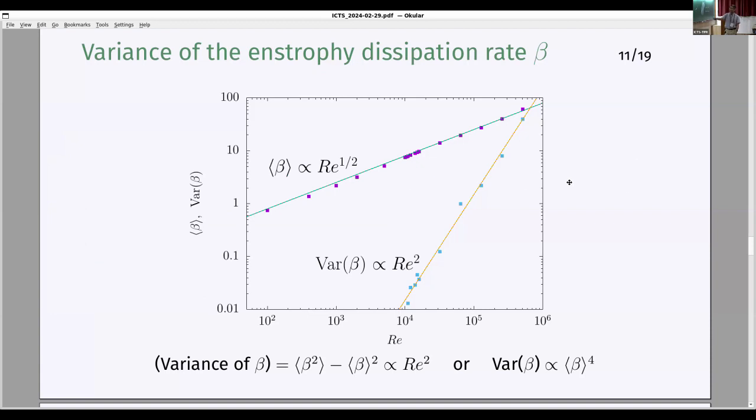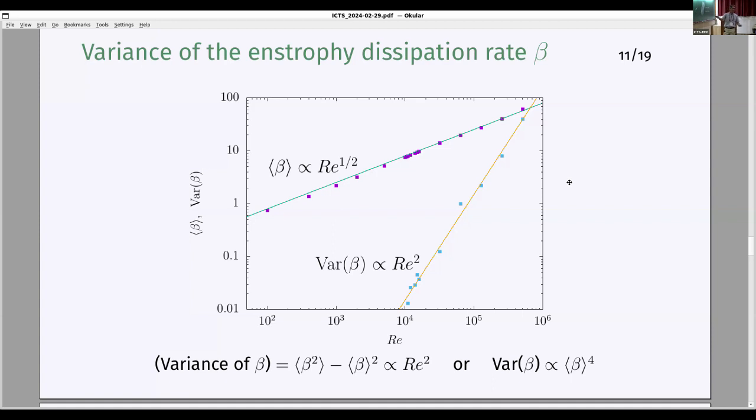So this is the Reynolds 1/2 we talked about, but we can measure higher order moments. I took the variance, so it's beta squared. The variance of the entropy dissipation rate behaves like Reynolds number to the power of something different. For this one, I don't have a good explanation.